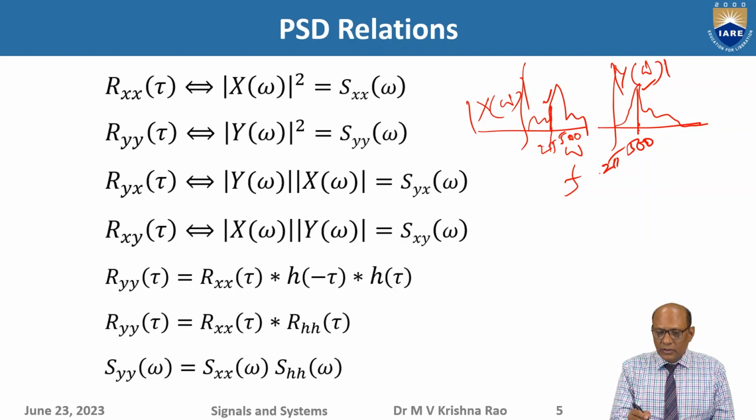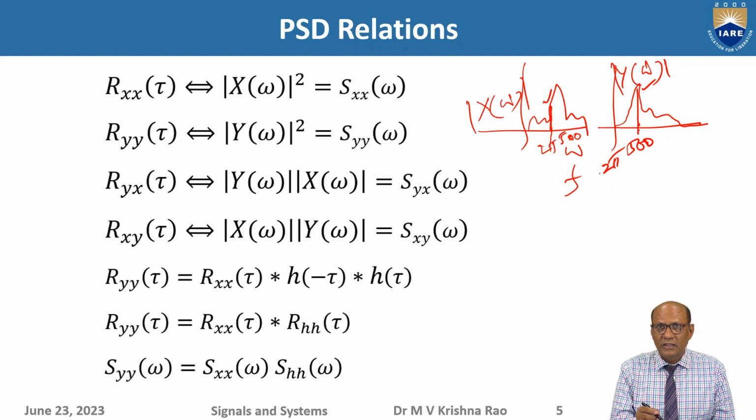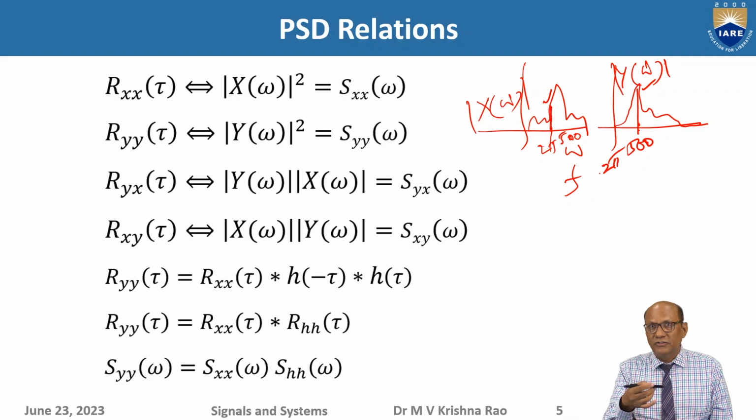So it is similar to the autocorrelation or cross correlation function, but this is the description of frequency components in the frequency domain. In the time domain we have the correlation coefficient, correct? Normalized correlations we have, the correlation coefficient.